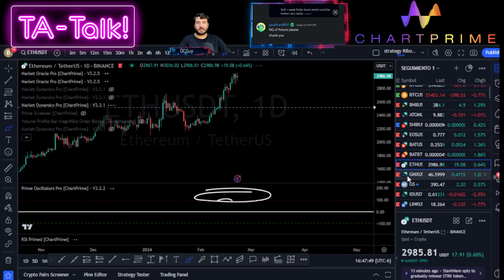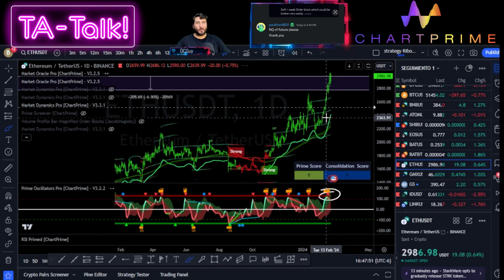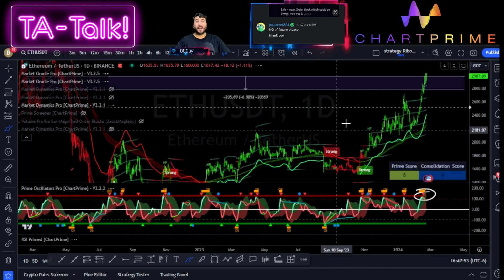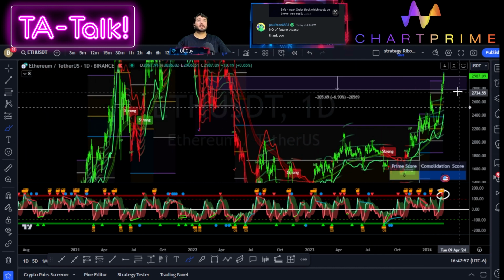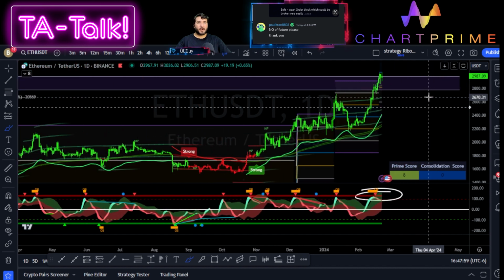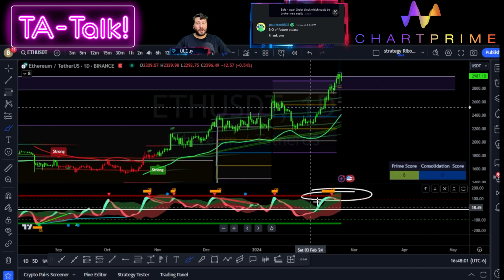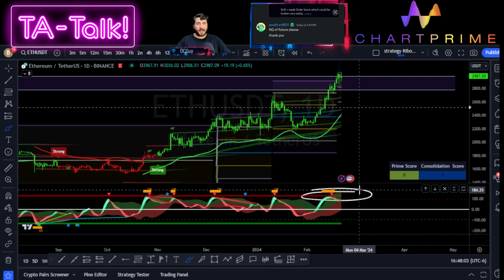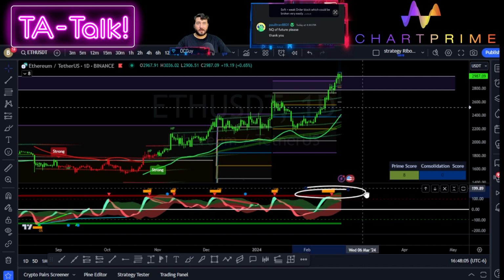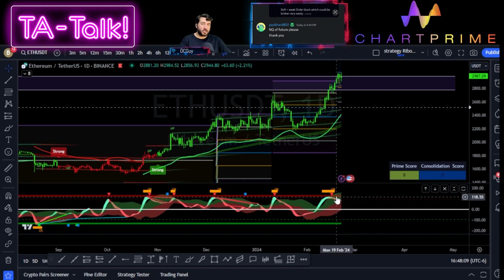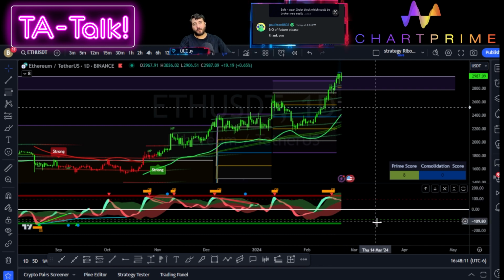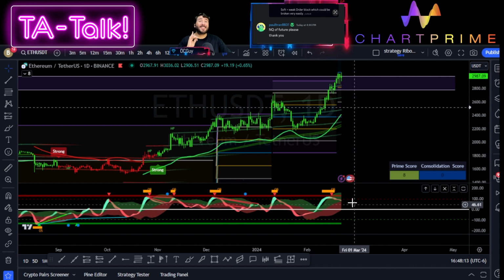Ethereum is another beast that has been blowing up, but in Ethereum it is reaching the zone that I was expecting it to reach. All right, so what's happening in here? Look at that right there up here, and we're on daily. We have a bearish divergence, overbought, and also a reversal, but we're not quite there reversing.